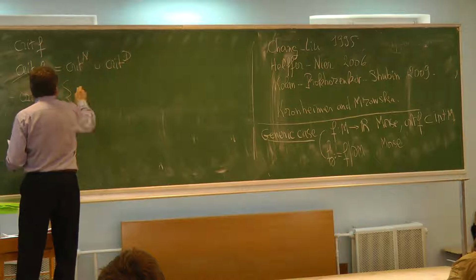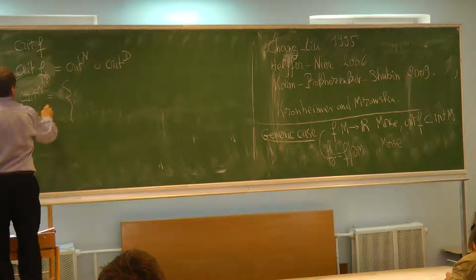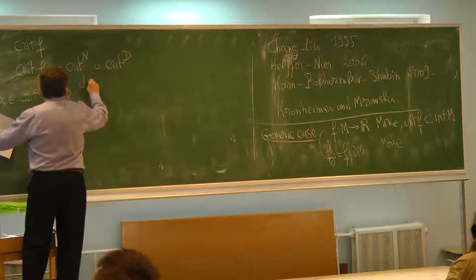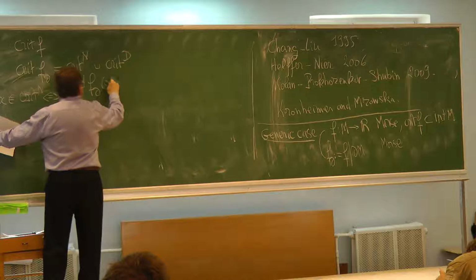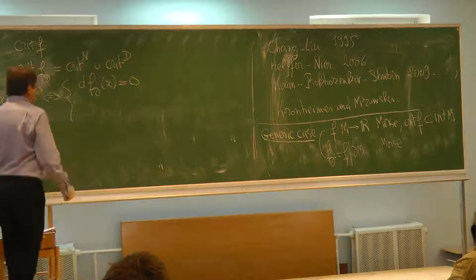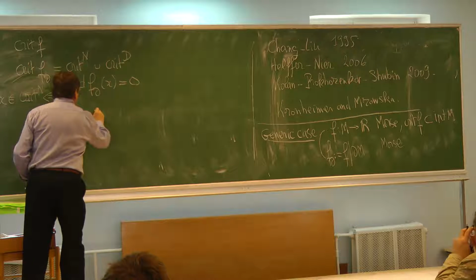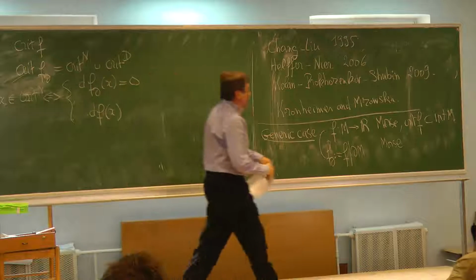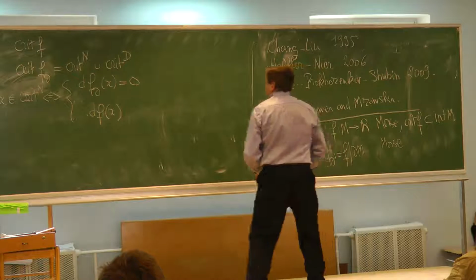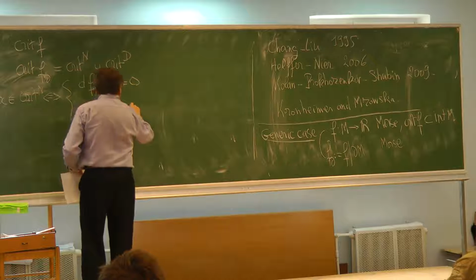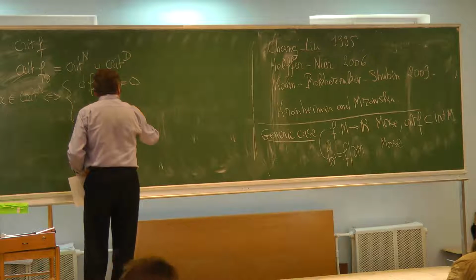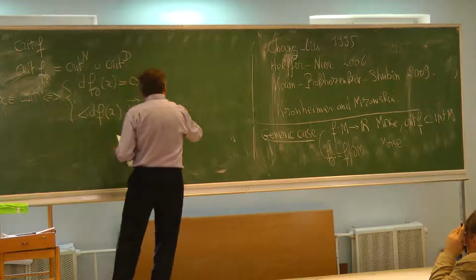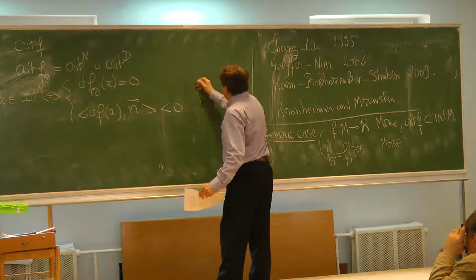A point x belongs to crit N if the differential of F∂ at point x is 0, and the differential of F at x, which is non-zero by assumption, you calculate it in the direction of the outward normal, and you ask that it is negative.